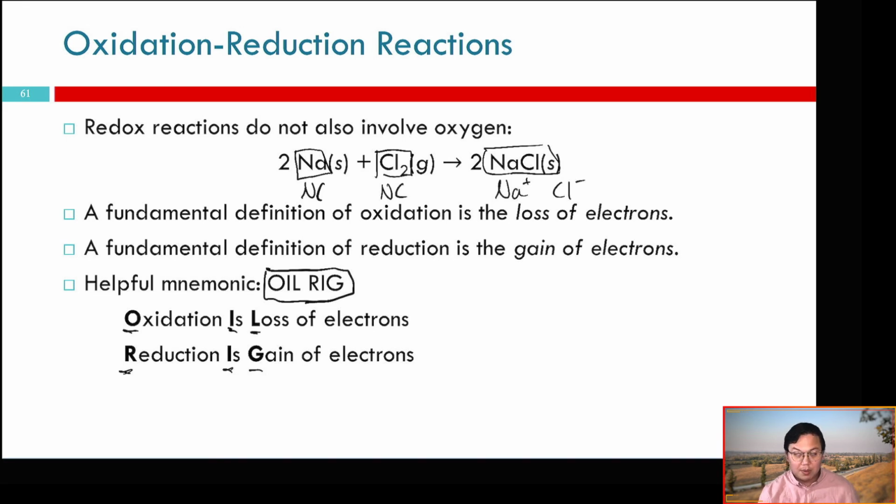So the elements in group 1A form +1 ions. They're not always +1 ions. But that's why here we go from elemental sodium to Na+, because it wants to lose that one electron, whereas chlorine is in 7A, so it wants to gain one more electron to have a 1 minus charge.